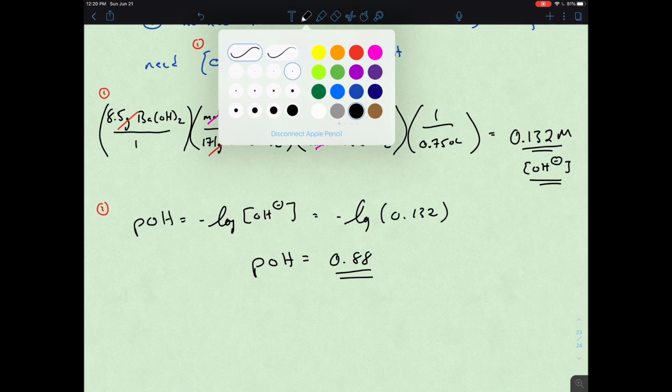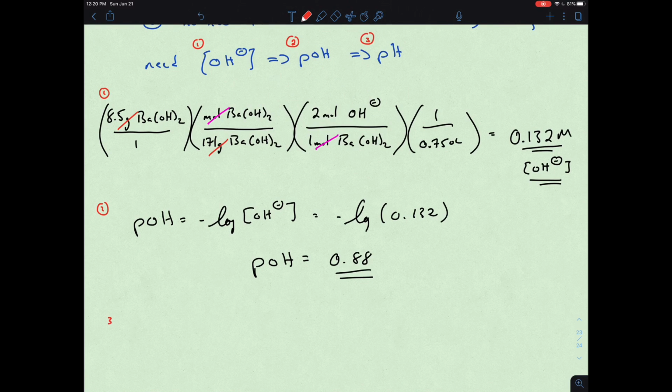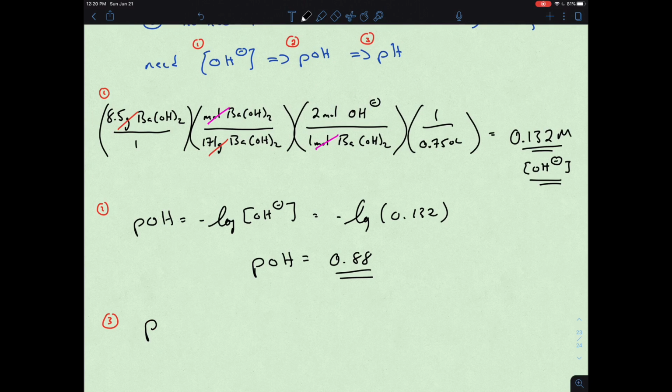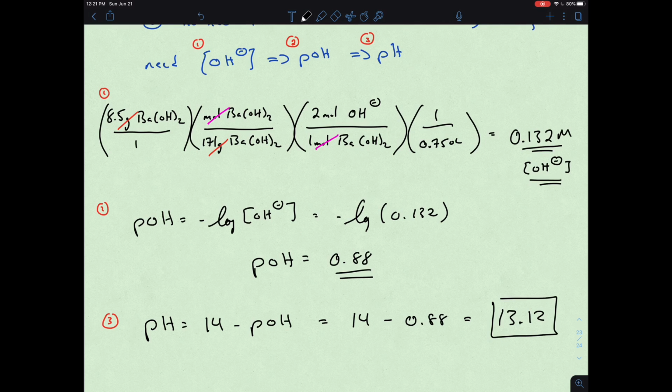And then that allows us to get to step 3, which is now to get at our pH by taking 14 minus the pOH. So we would take 14 minus our 0.88, and we get a value of 13.12. So that is a strong base example.